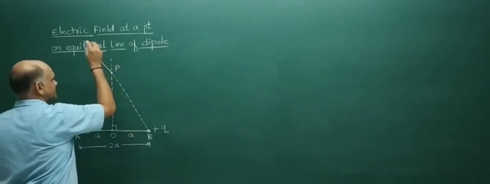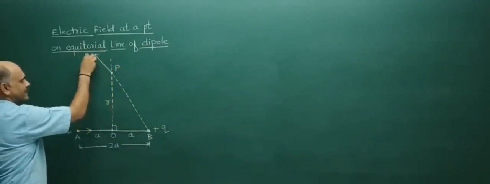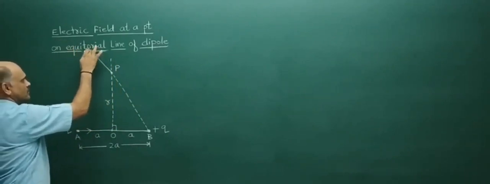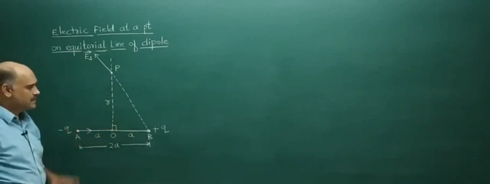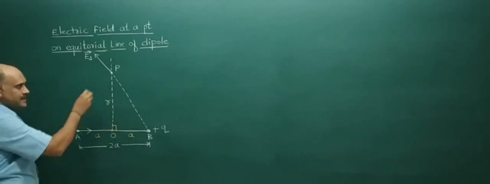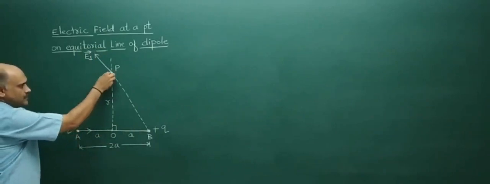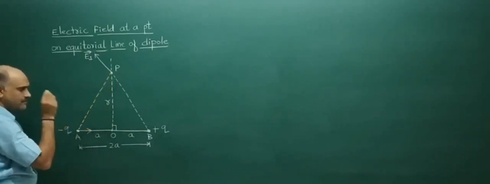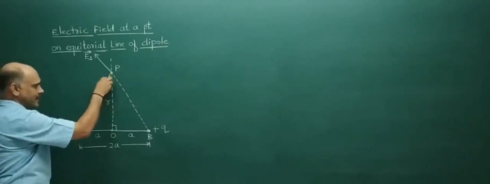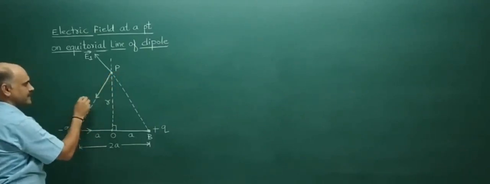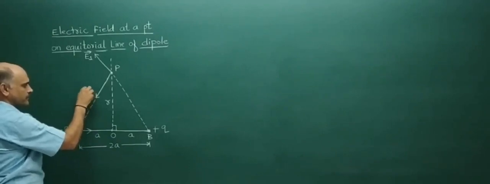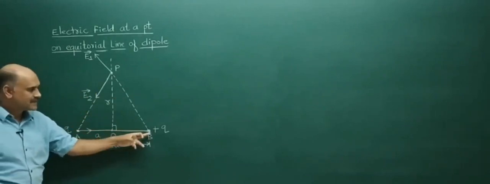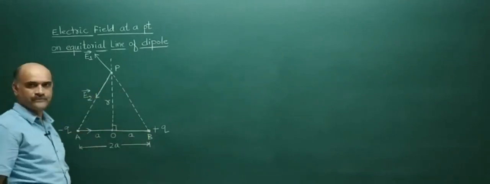So in this direction we will have E1, the electric field due to plus Q. Similarly, there will be an electric field due to minus Q, directed towards minus Q, that is towards A. This I will take as E2. E2 is the electric field due to minus Q, and E1 is the electric field due to plus Q.